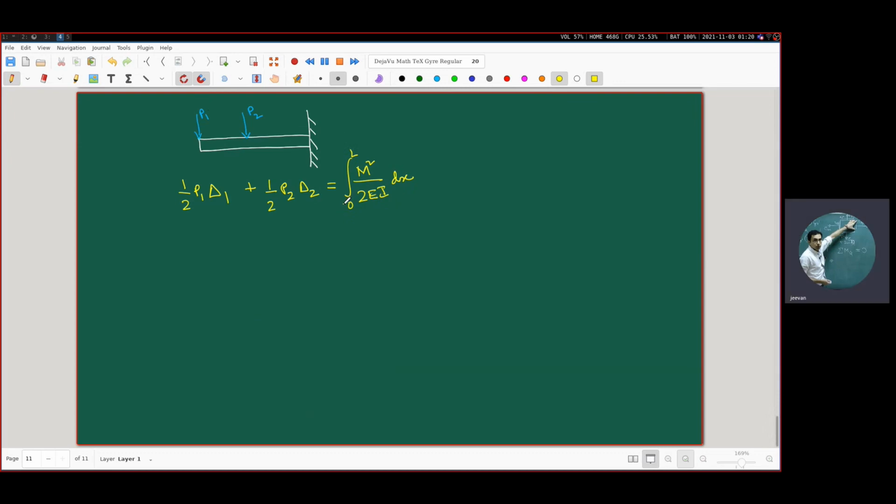Now at first sight, some students may think that the limitation here is that compared to the previous case, it is a little bit difficult to obtain the expression for the moment when you have forces like this.